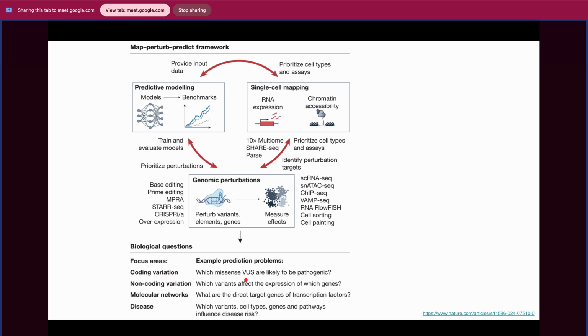Whenever we study single nucleotide polymorphisms or single nucleotide variations, there are mainly two categories. One is synonymous variations and one is non-synonymous. Synonymous variation means that whenever there is a change in a single nucleotide position, the amino acid which it gives rise to does not change; it remains the same.